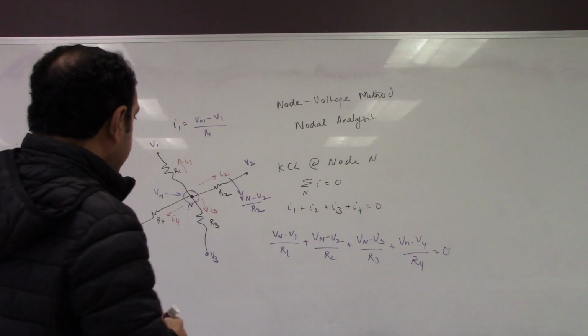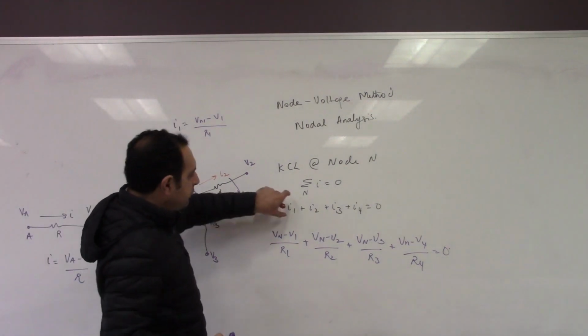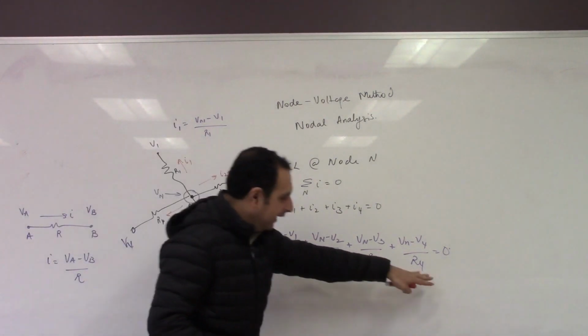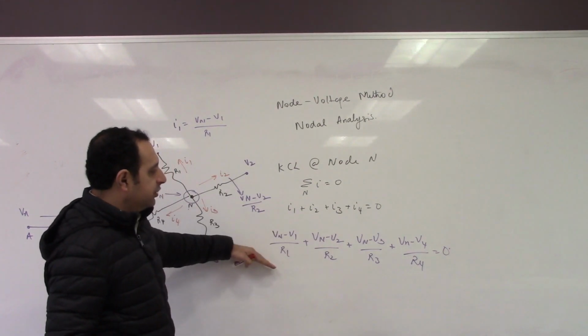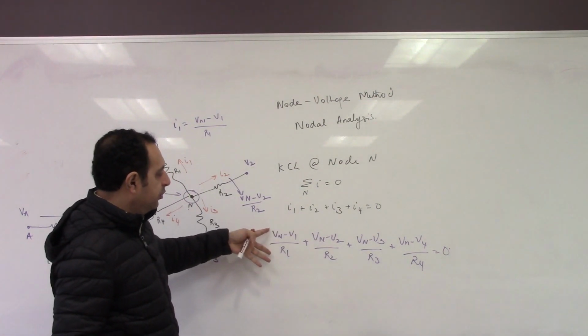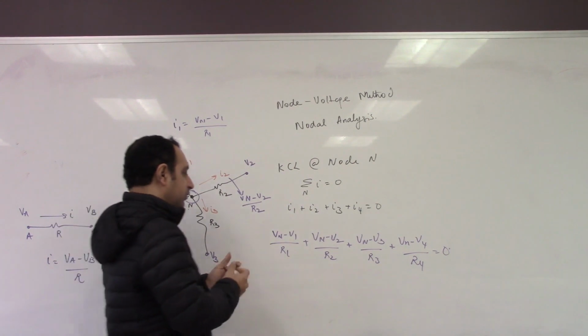So if you rewrite this in a voltage divided by resistance form, which is nothing but Ohm's law, V over R is current, this is your node voltage expression.